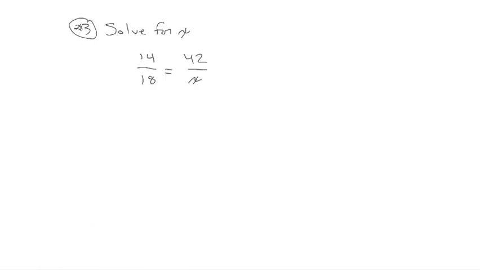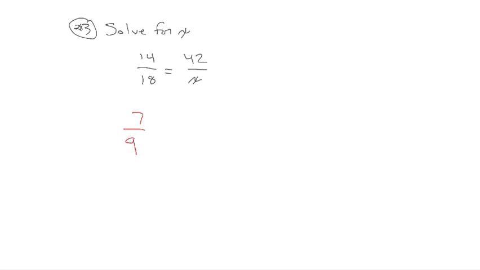Now we have solve for x, and this is a proportion in itself, just like the proportions that we use to solve percent problems. 14 over 18 equals 42 over x. Now immediately I see a number that can be simplified, and 14 over 18 is the same thing as 7 over 9, because both of those numbers are divisible by 2.